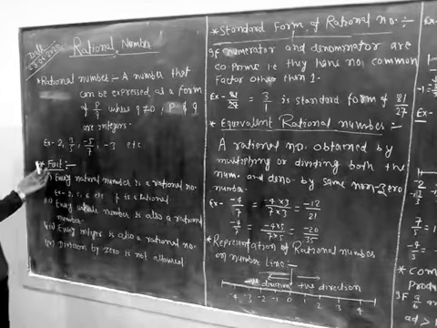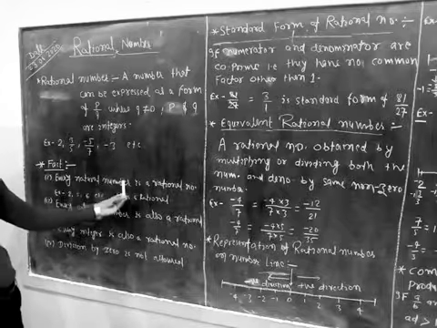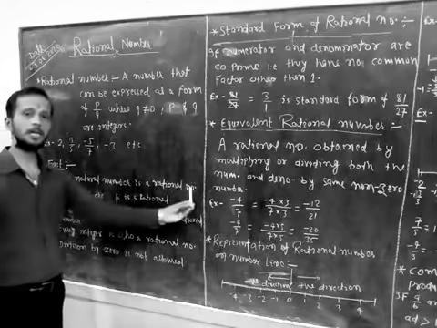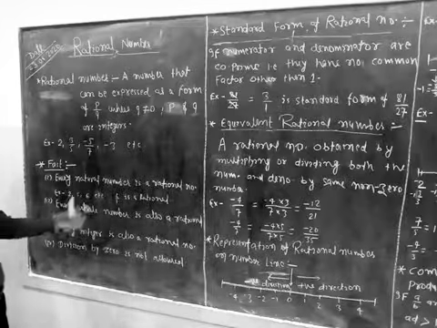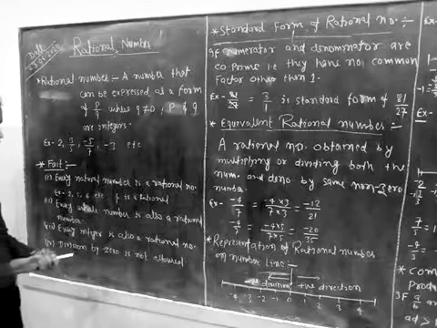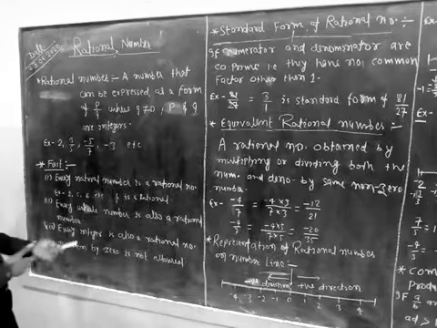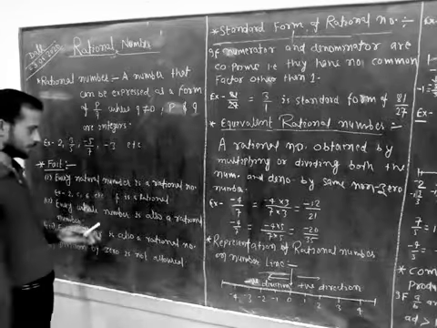We come to some conclusions and facts. First, every natural number is a rational number. For example, 2, 5, 6, etc. Every natural number is a rational number because its denominator is always 1.